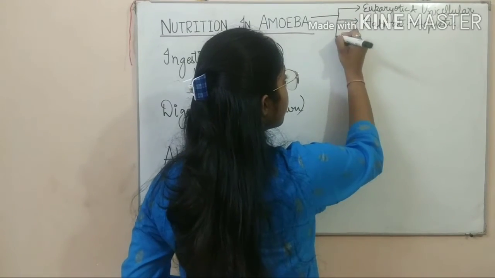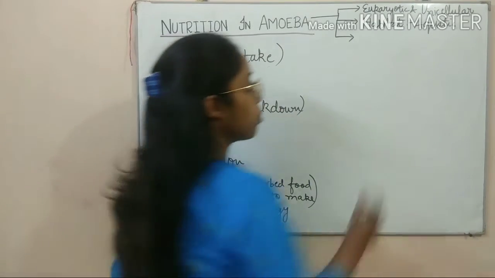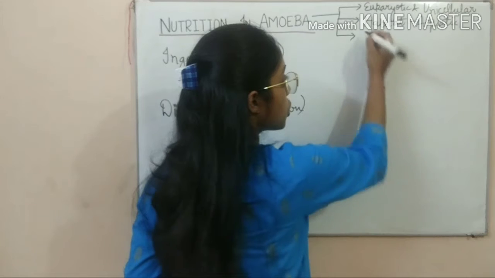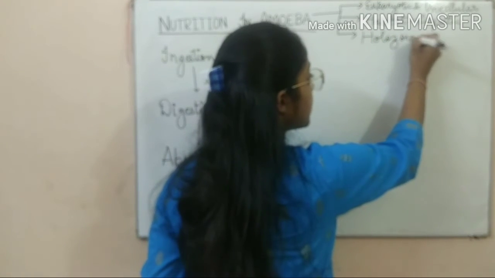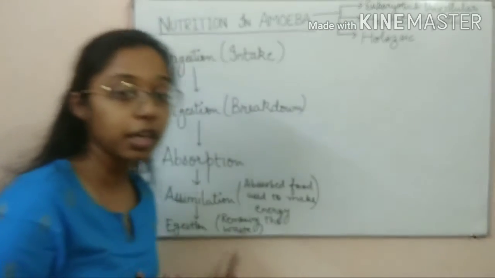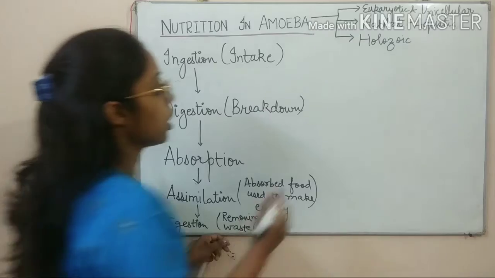Third important point for it is, it takes in holozoic type of nutrition. So the type of nutrition is holozoic for it. Holozoic means it takes in the solid food material and then breaks down the food in its body.